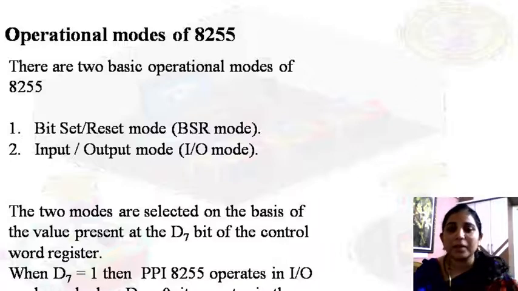BSR stands for bit set or reset mode, whereas I/O mode stands for input or output mode. The two modes are selected on the basis of the value present at the D7 bit of the control register.